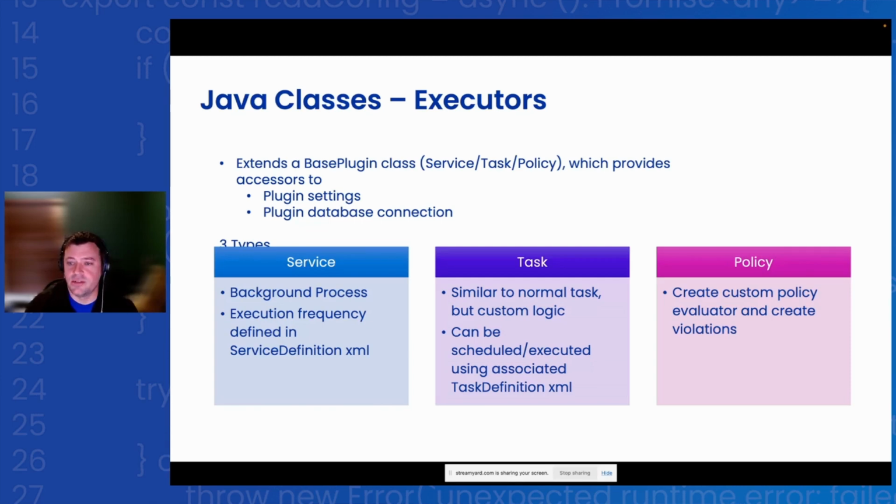Service executors are very similar to task executors, except services don't require any manual intervention to run. So these are going to be things that probably happen on a more frequent schedule, like every 5 minutes, every 30 seconds. You can define a service executor that will execute your code in the background on a very regular basis.